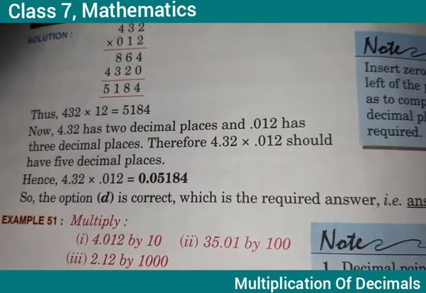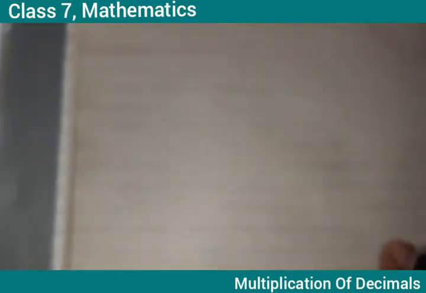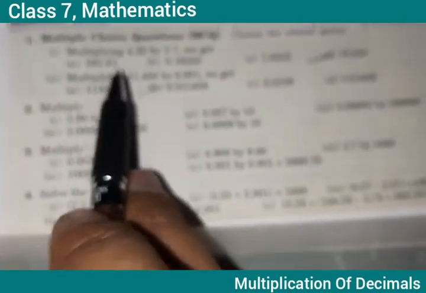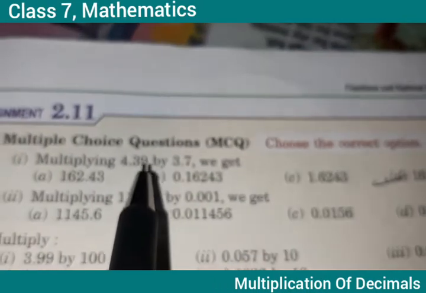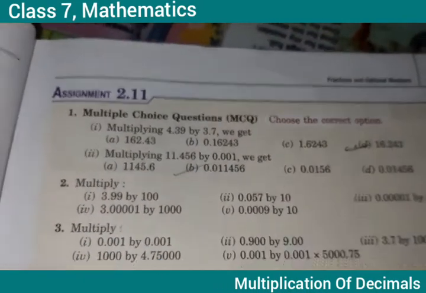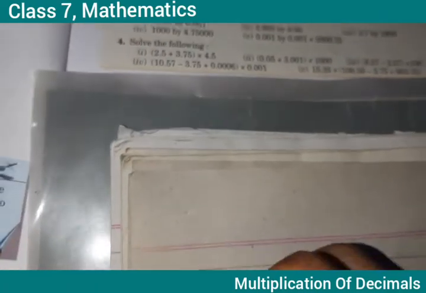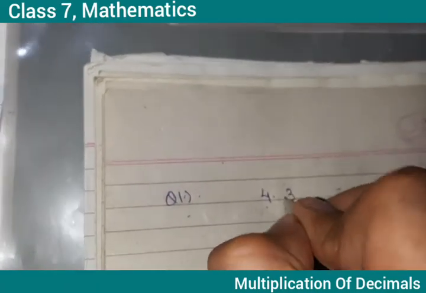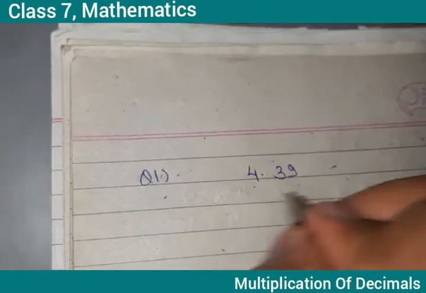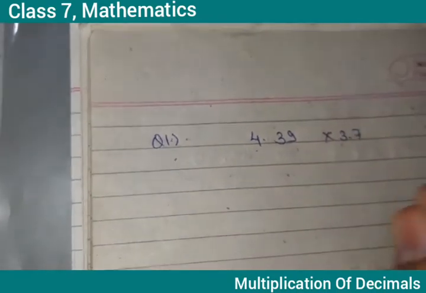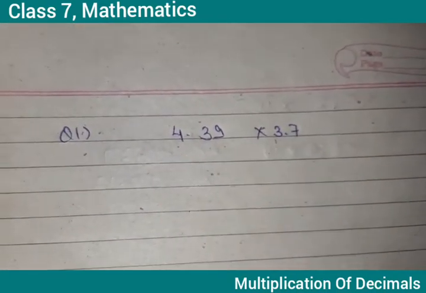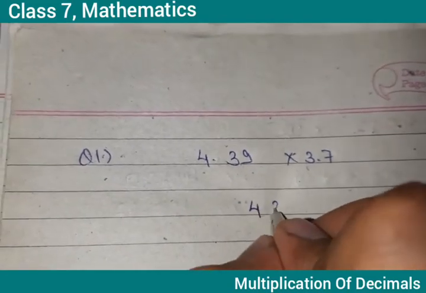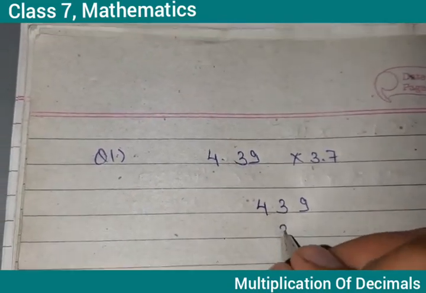Now straight away come to the exercise. Let's see the first question. Multiply 4.39 into 3.7. Okay, so write it down. This is question number 1. 4.39 multiplied by 3.7. Again, for instance, forget the decimal, simply write down 439 into 37.